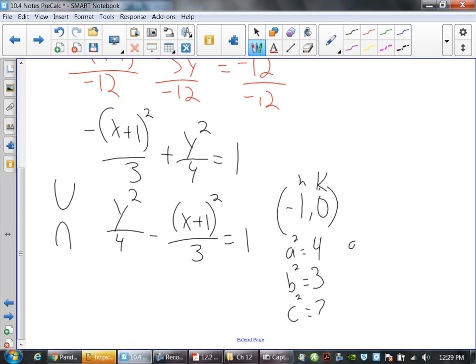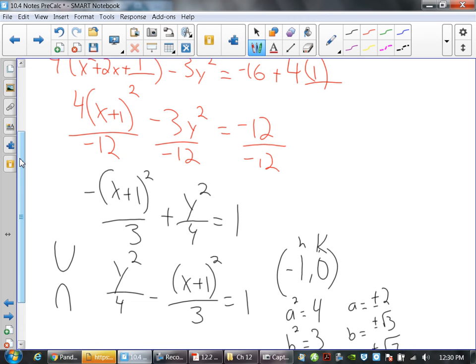So you have an A value plus or minus 2, a B value plus or minus root 3, a C value plus or minus root 7. Divided by the negative. It's a common thing, you'll see this a lot, and that's why they switch the order.